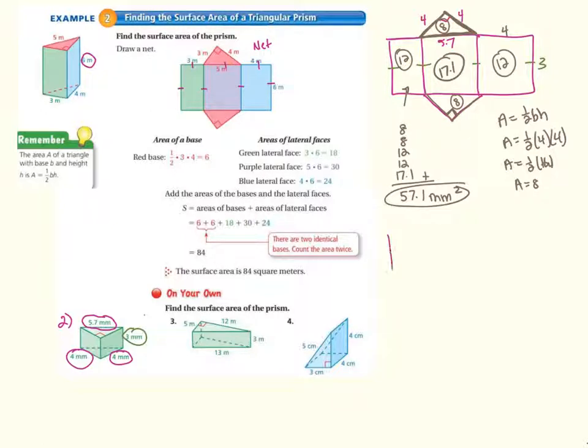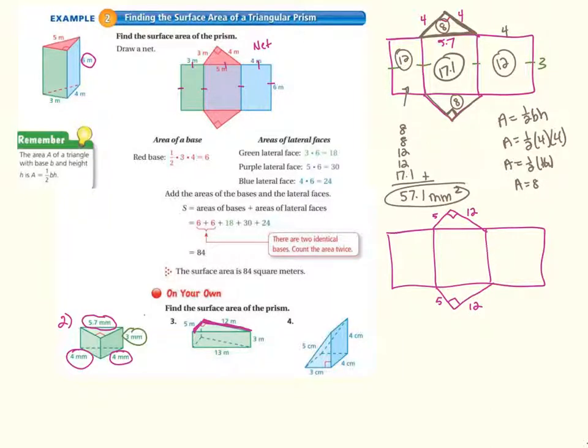Again, let's draw our net. It's going to be the same exact net for every single right triangular prism. That's why I'm making you do your notes on it. Let's point out the 3 dimensions for the right triangle. The base is 5. The other height, which attaches at the vertex, is 12.